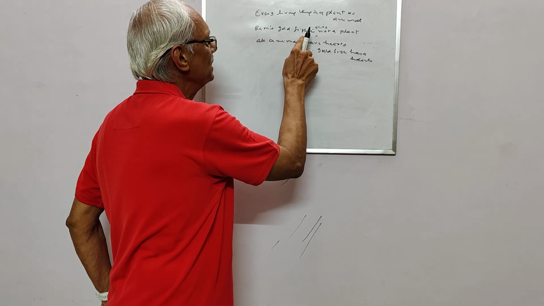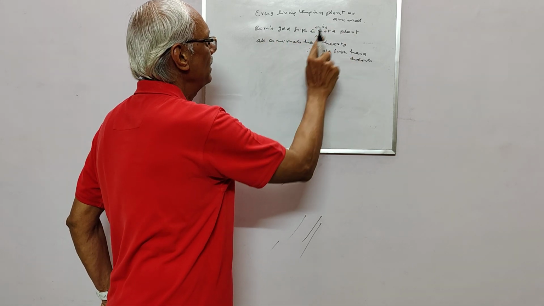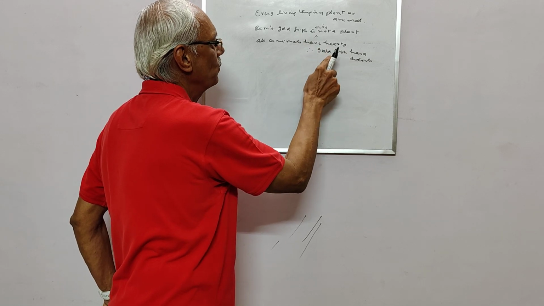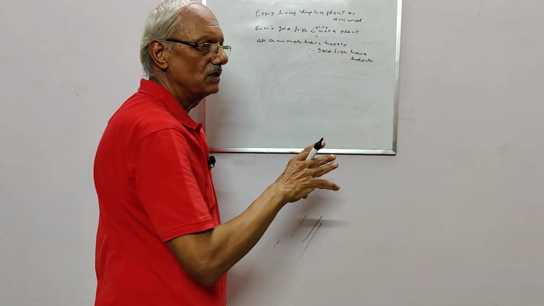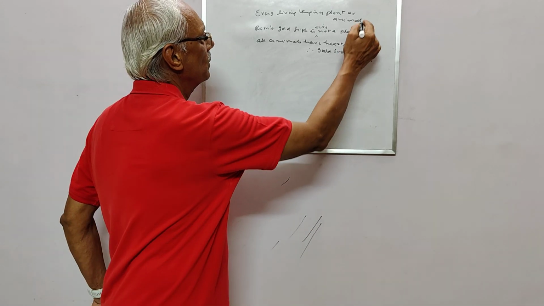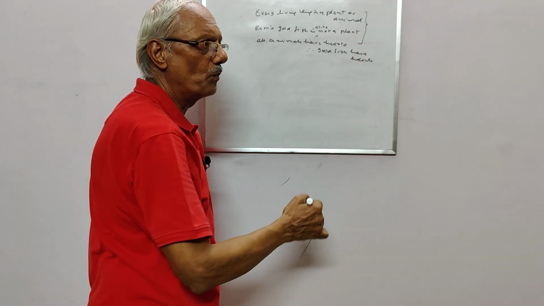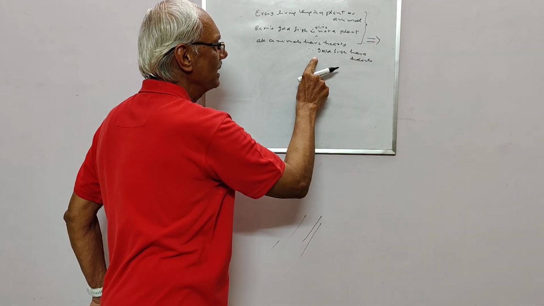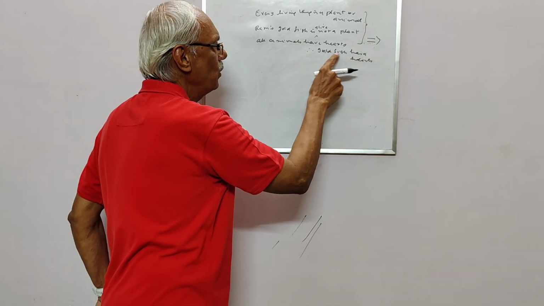Ram's goldfish is alive, not a plant. All animals have hearts, therefore goldfish has a heart. These three are your compound propositions. This must lead you to the conclusion about the goldfish.